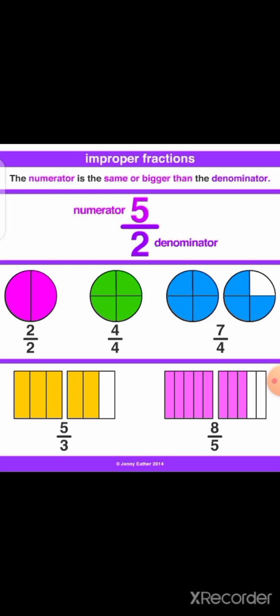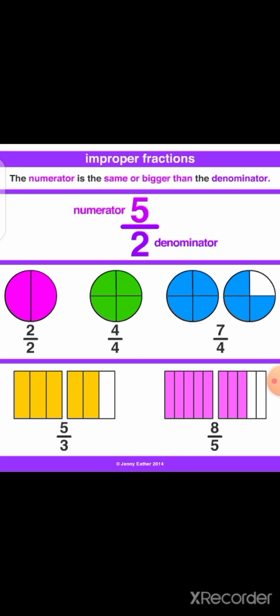But 5 is bigger than 2. It means when numerators are bigger and denominators are smaller, the fractions are called improper fractions. Or when numerator and denominator are both the same, those fractions are also called improper fractions.